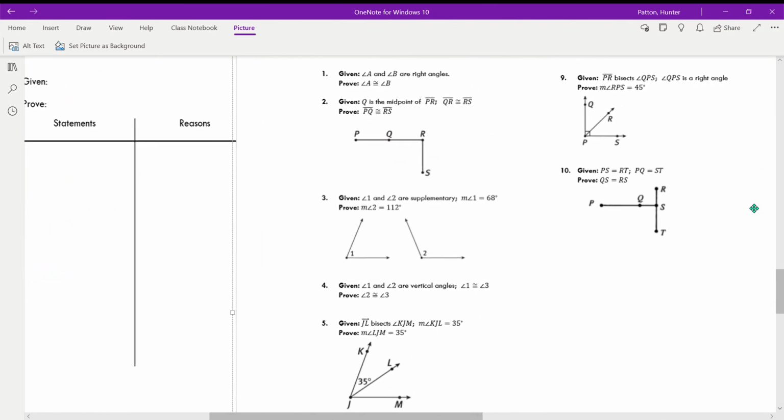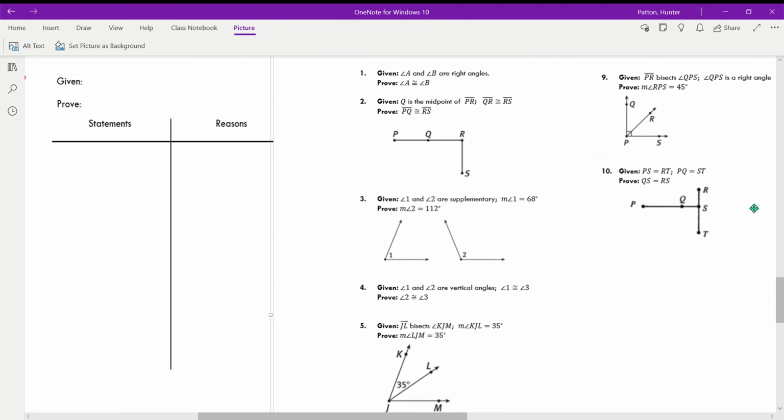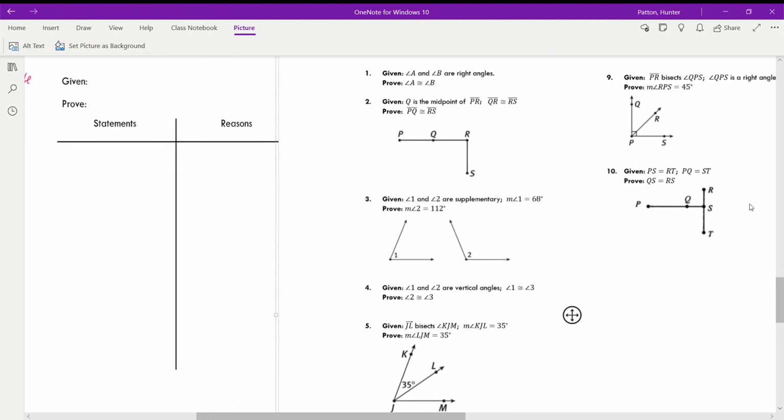Number 10 says that PS is equal to RT. The length of PS is equal to the length of RT.